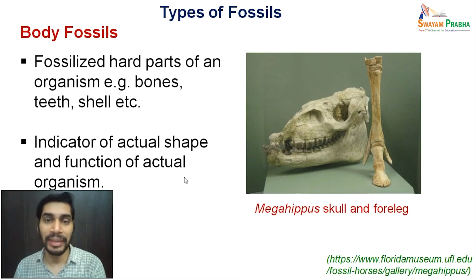For example, if you have found a fossil of a particular organism, you can predict what could have been the size of that organism, what is the structural formation of that particular organ, what functions it could have been performing, and so on. So this kind of realistic information you can retrieve if you have the actual body parts as fossil.